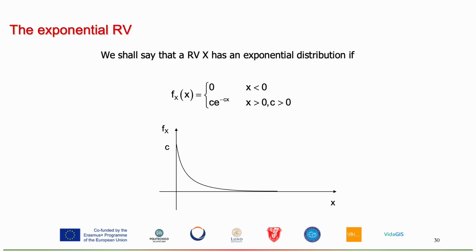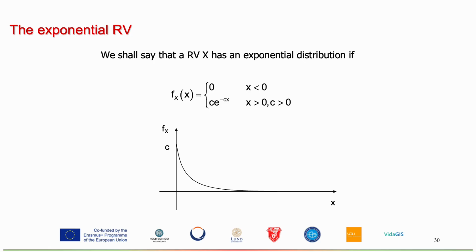Another kind of continuous random variable is the exponential one. The exponential random variable has a density function given by this formula. The density is 0 for x smaller than 0, and it is equal to some positive constant c multiplied by the exponential of minus cx for x bigger than 0.